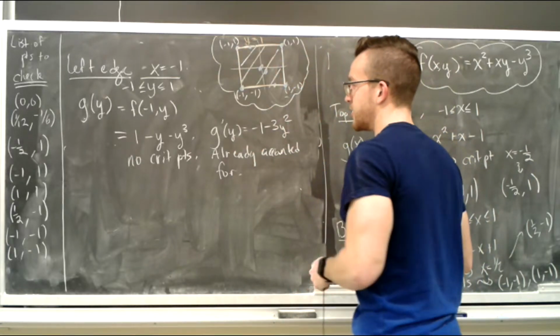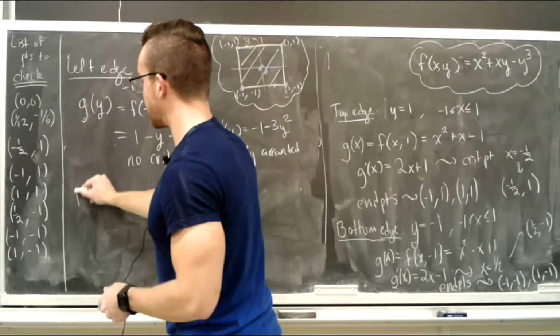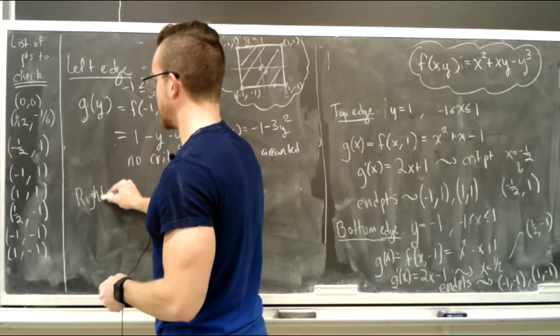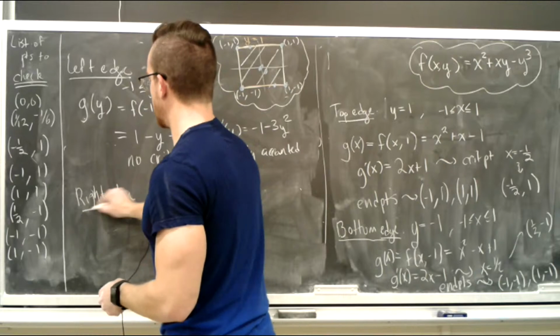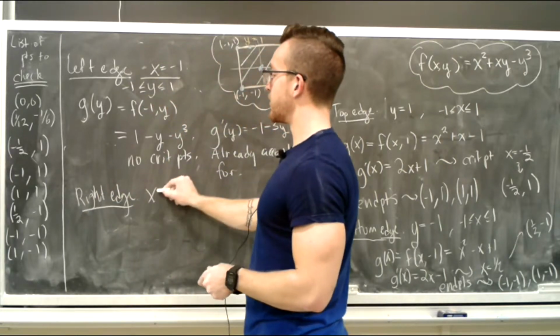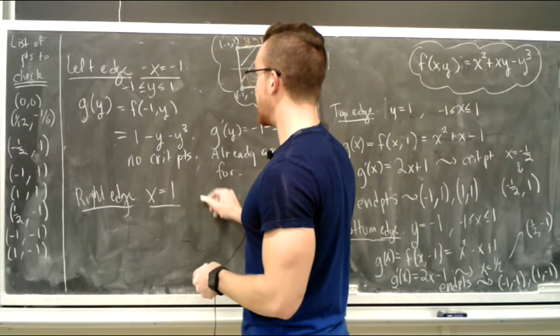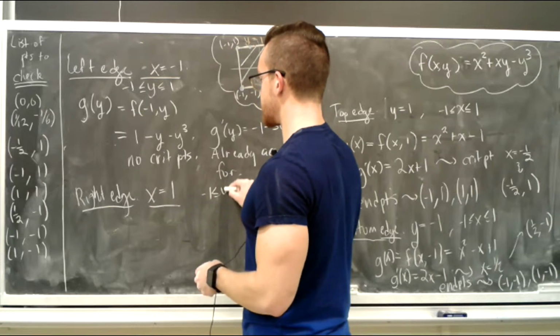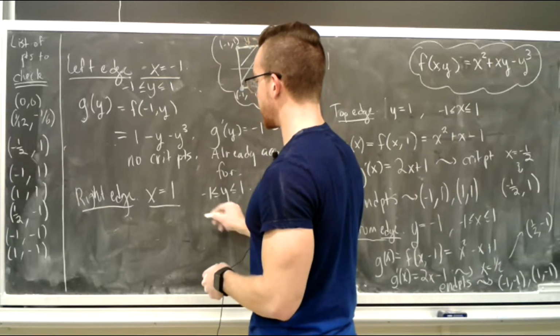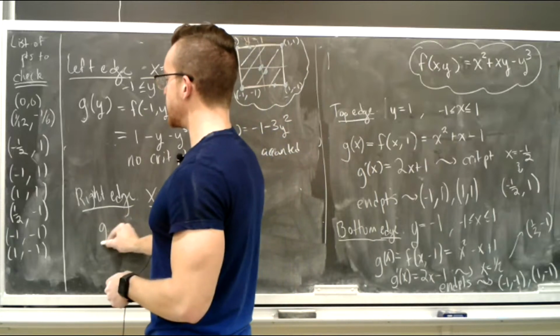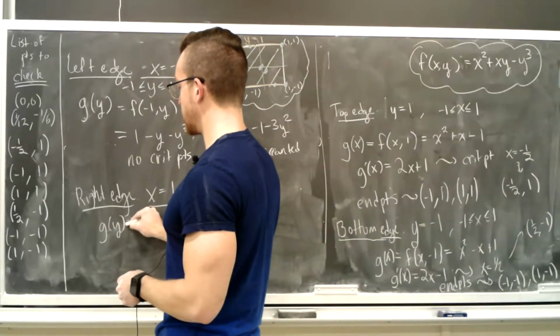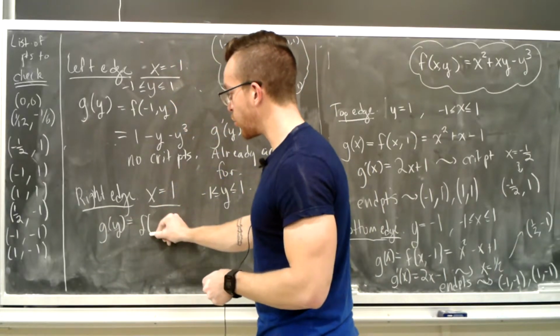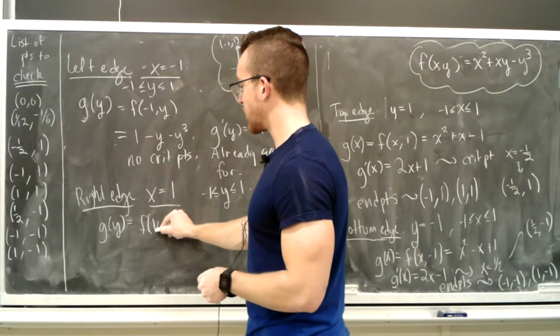Let's do the right edge, cross our fingers, hope we don't get any more points. The right edge is given by the equation x equals 1. Again, y is restrained from -1 to 1. The g function here is going to be f of 1, comma y.